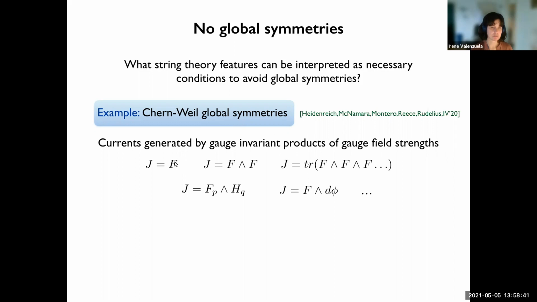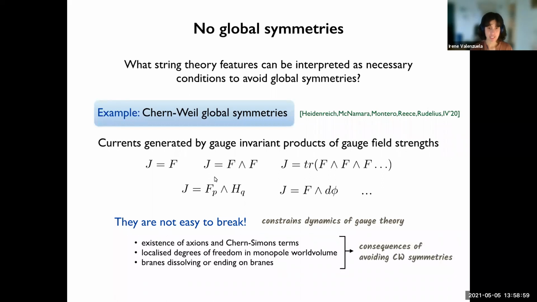So it's not just F, but also F with F and so on. And then these symmetries in general are not easy to break because of the Bianchi identities. The conservation in the absence of charged states is guaranteed by the Bianchi identities.